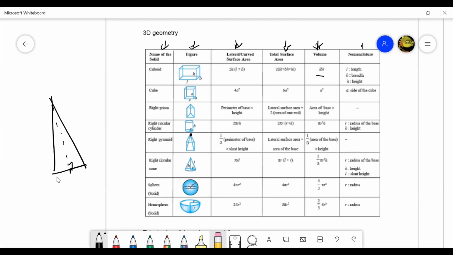And that's not very obvious and not very universal when you're working with other pyramid types. So when you're calculating lateral surface area, you really just need to find the slant height.